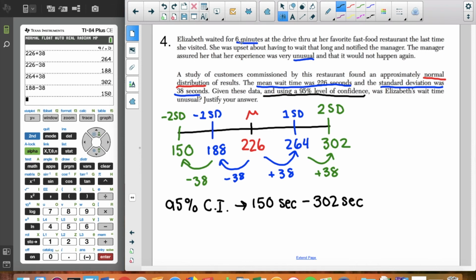Now, they told us she waited for 6 minutes. Our data is in seconds. So we need to convert 6 minutes to seconds. So I'm going to do that over here. So 6 minutes. To change this to seconds, you have to multiply 6 times 60 because there's 60 seconds in a minute. 6 times 60 will give you 120 seconds.